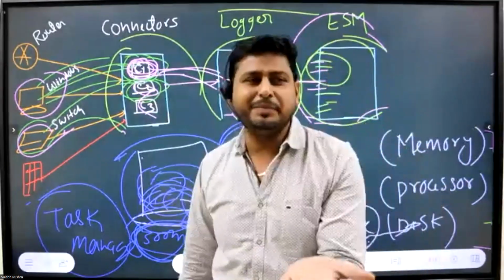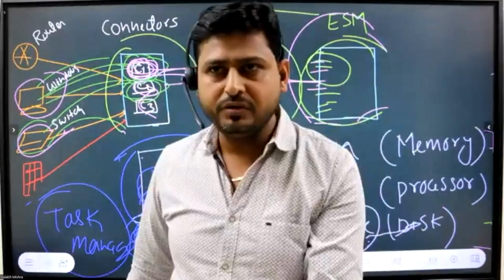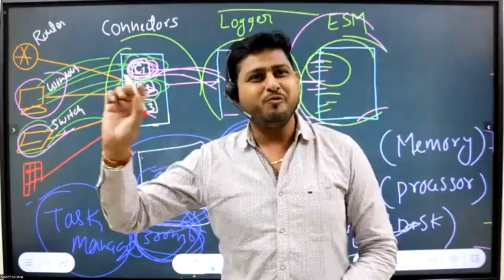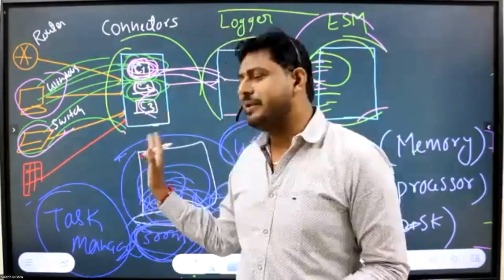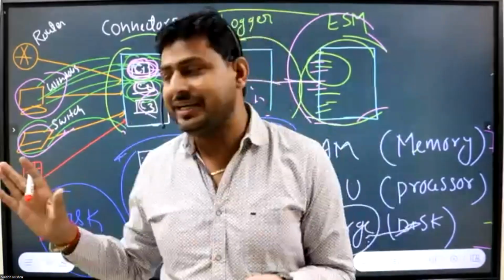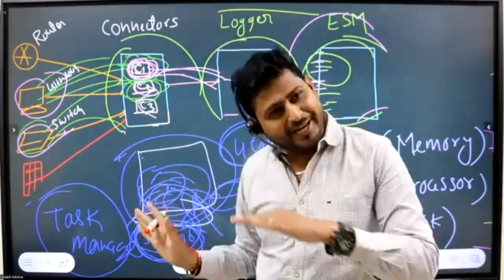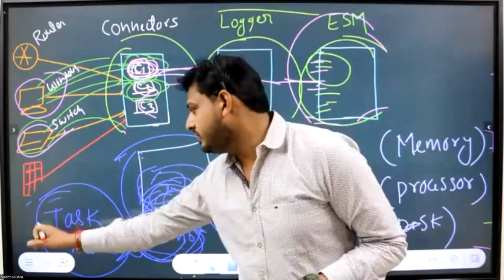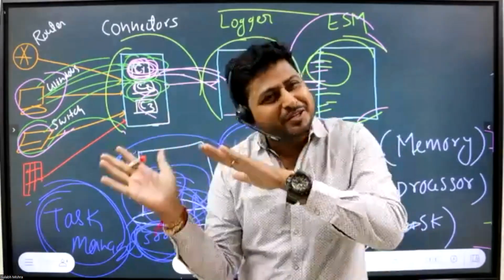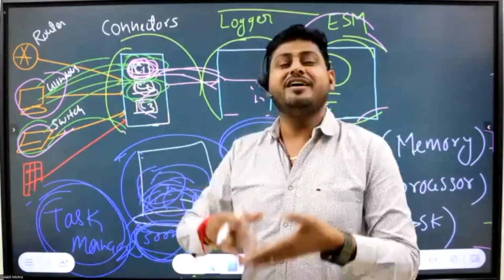If any unnecessary application is running that you don't use right now and is using more memory, you can right click and end task. Once you do the end task, the application will get closed. Many of the applications run in the background, we can't see them on the desktop, but they are actually running. We can see them using the Task Manager. You can right click and kill the process. That means you turn off that application and release the RAM.